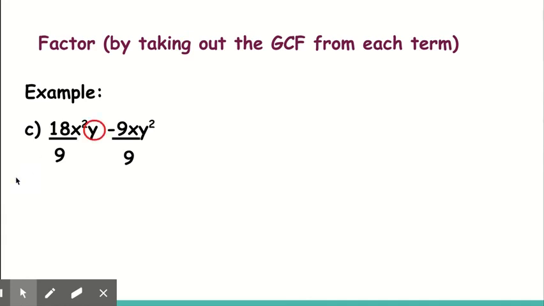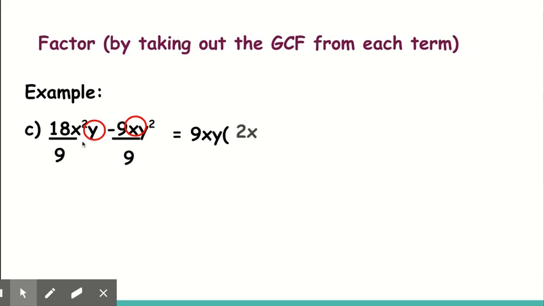So our lowest for y is y to the imaginary power of 1. And our lowest for x is x to the imaginary power of 1. So I'm going to pull out 9x1y1. So 18 divided by 9, I get 2.